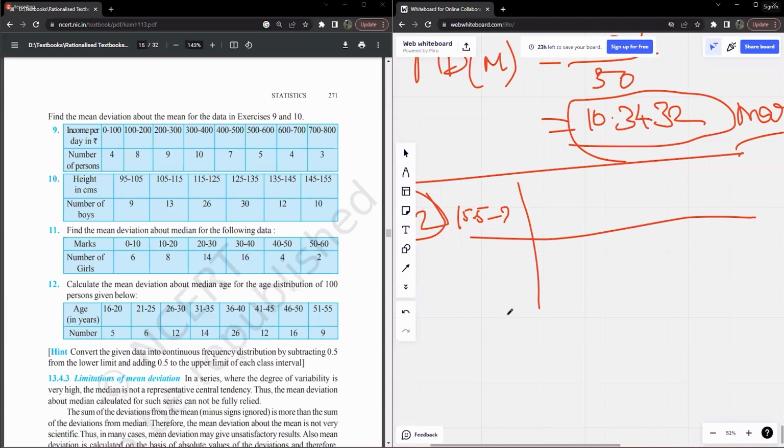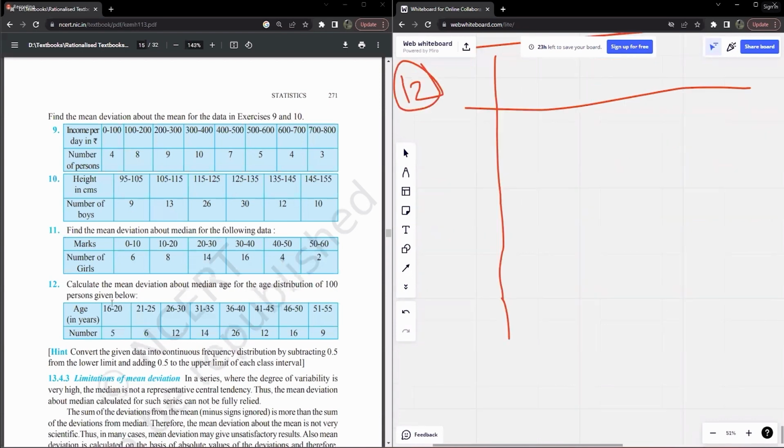Notice that if you subtract 0.5 from the lower limit and add 0.5 to the upper limit, the central figure of the class, your xi, found by adding them and dividing by 2, is not going to change, because the minus 0.5 and plus 0.5 cancel out.